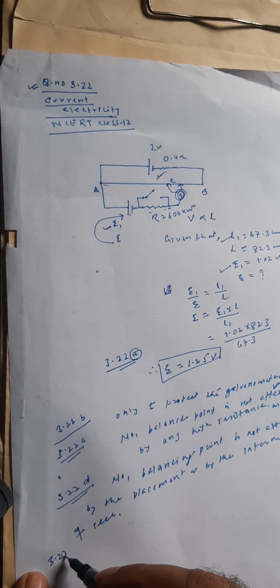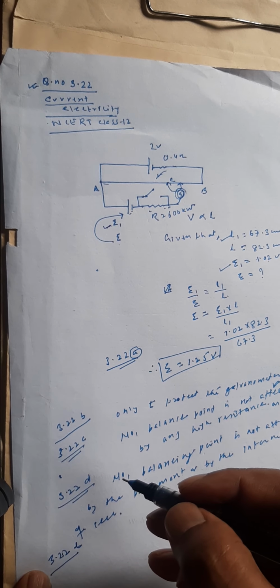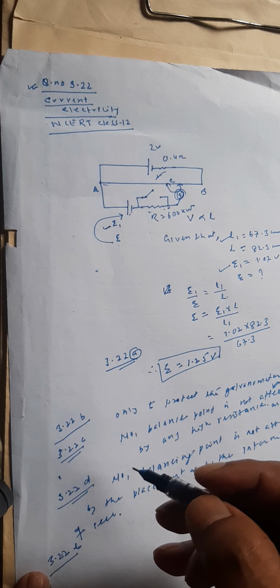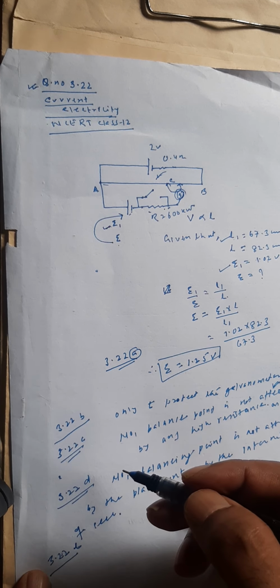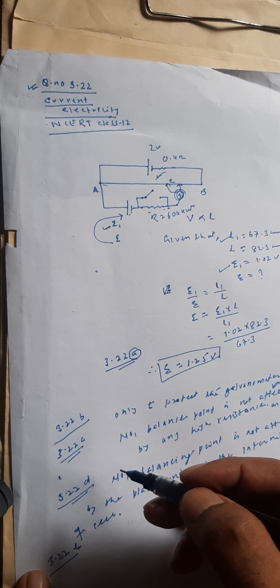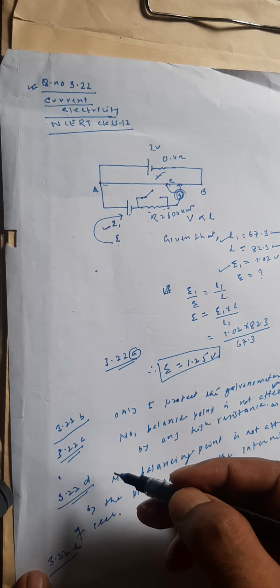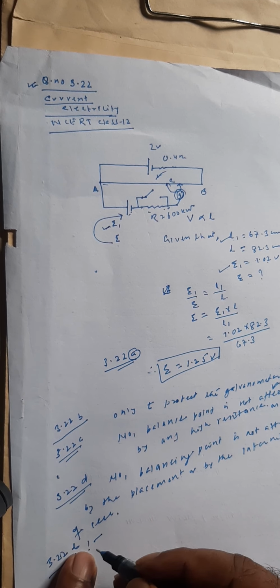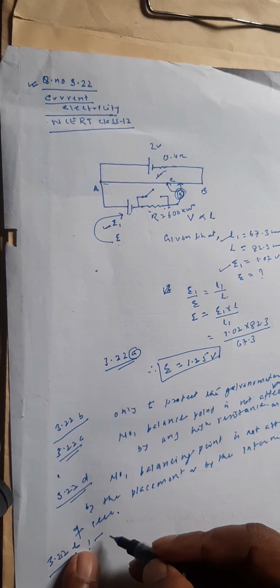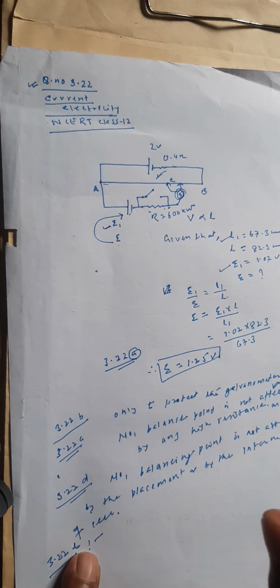Next one, 3.22E: would the method work in the above situation if the driver cell of the potentiometer had an EMF of 1.0 volt instead of 2.0 volt? It is noted that this is a very important thing: the driver cell EMF must always be greater than that of any cell connected in the circuit.